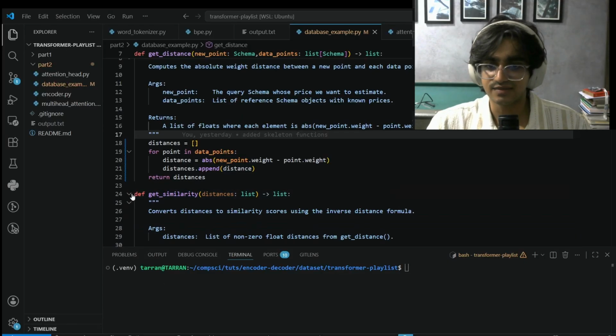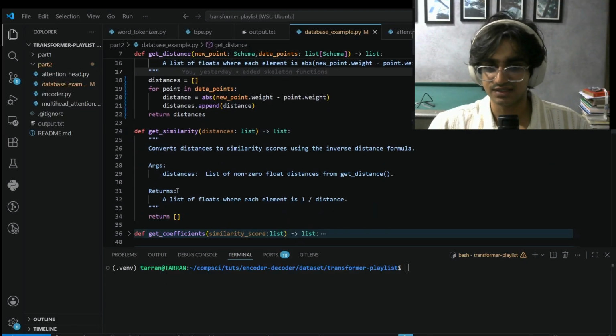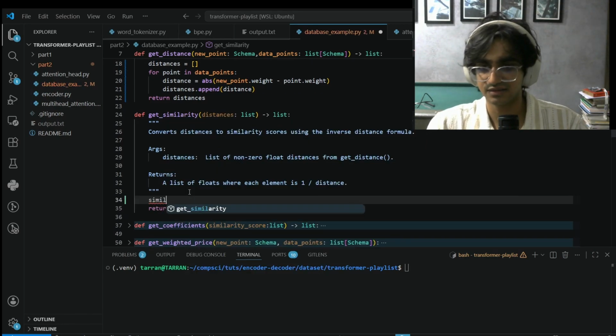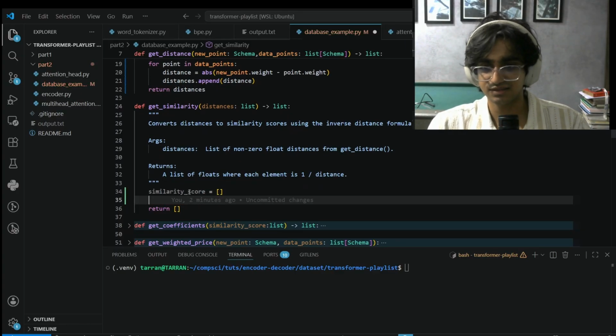Next up, we've got getSimilarity. It takes in the list of distances, and essentially it returns the similarity, and that's pretty easy. So we've got a similarity score, which is going to be a list.